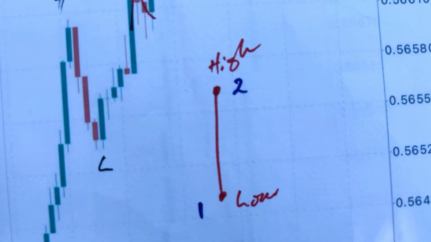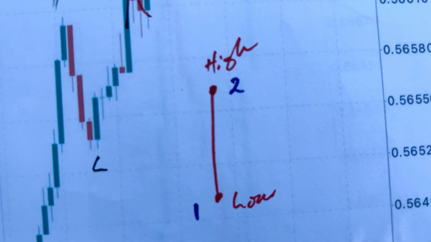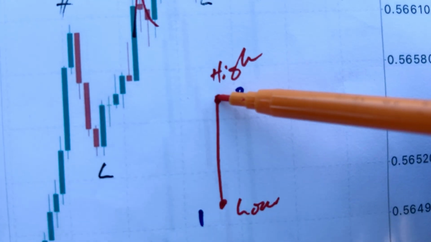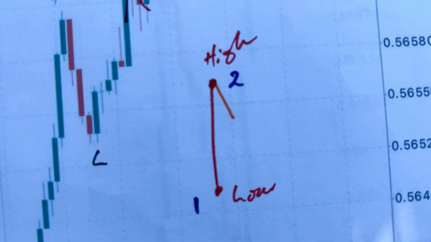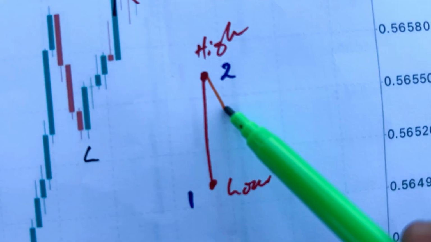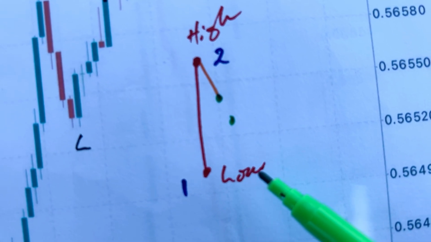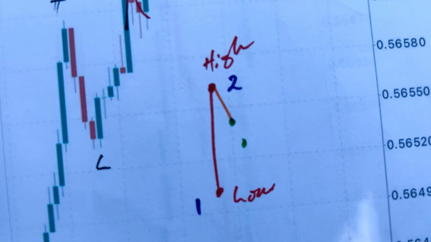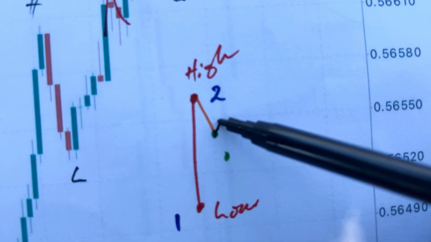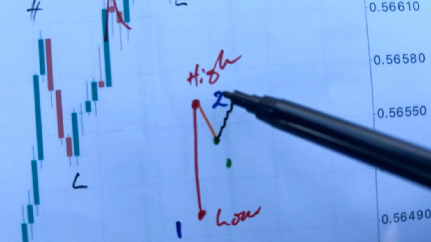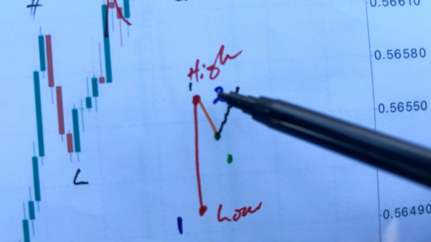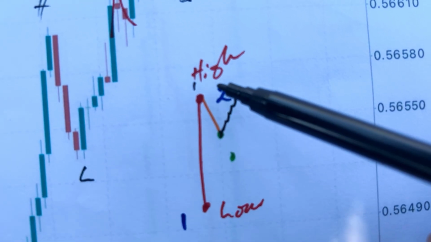And then from number 2, the chart will go down, and we don't know whether it's going to end here or here or whether it will come back to the 1. What we know is that if right now it turns here and goes up, this is our number 1. Let's say this is number 2.